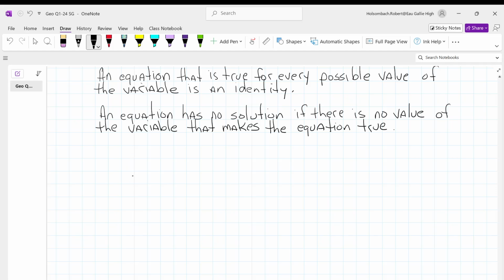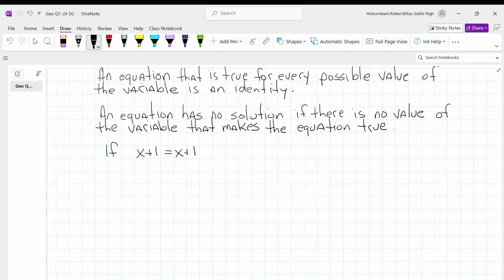All right, so let's say you have an equation that you're trying to solve. And if you get to the point where, let's say you have x plus 1 is equal to x plus 1. Do you see how both sides of the equation are exactly the same? That's an example of infinite solutions.